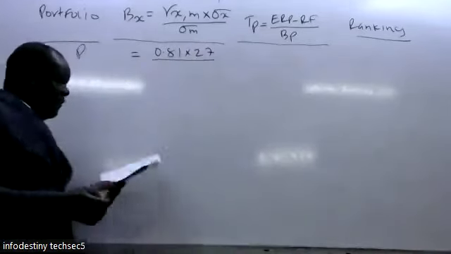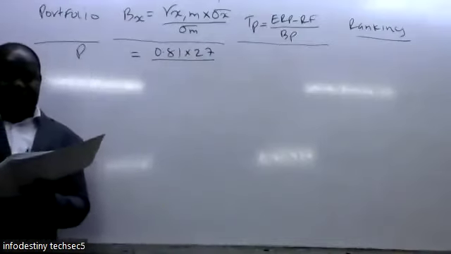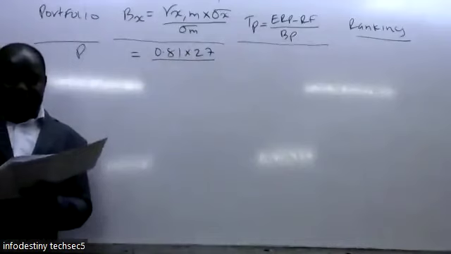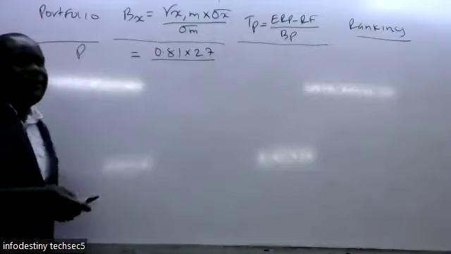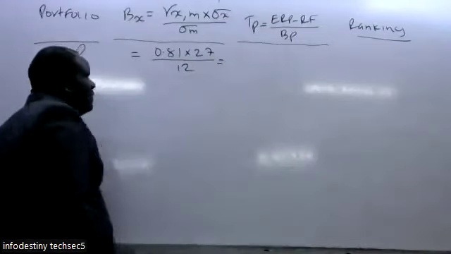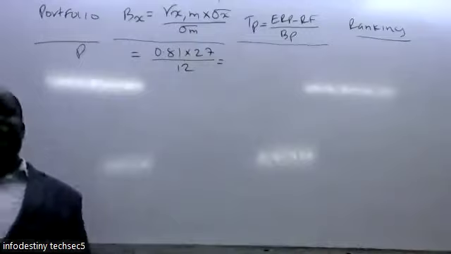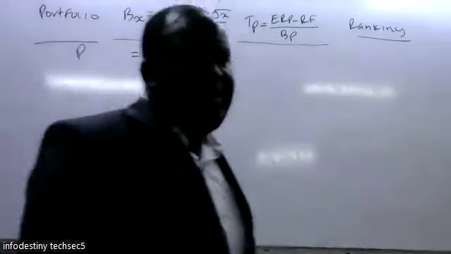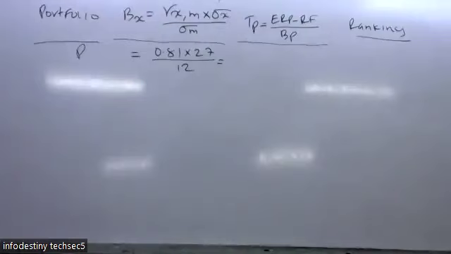Then we divide by the standard deviation for the market. Are you able to see market return somewhere? Yes. Then what is the standard deviation for that market return? They have given you 12, so divide by the 12. Round it off to two decimal places for uniformity, so that all of us get the same results.